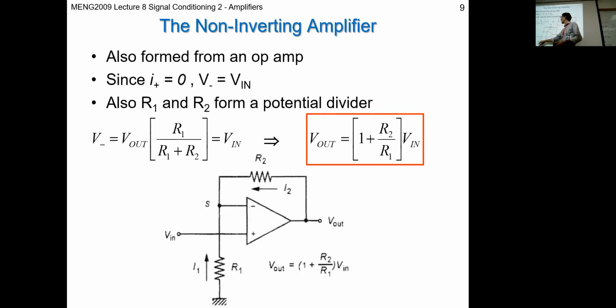Using the potential divider rule, getting it the right way around, with R1 on the top and R1 plus R2 on the bottom to make sure we get the drop-offs in voltage correct, V at negative is going to be V out times R1 over the total on that path, which is R1 plus R2. And now, of course, V plus equals V minus, so that's V in, and we can get it in this form. So that's our non-inverting amp equation there.